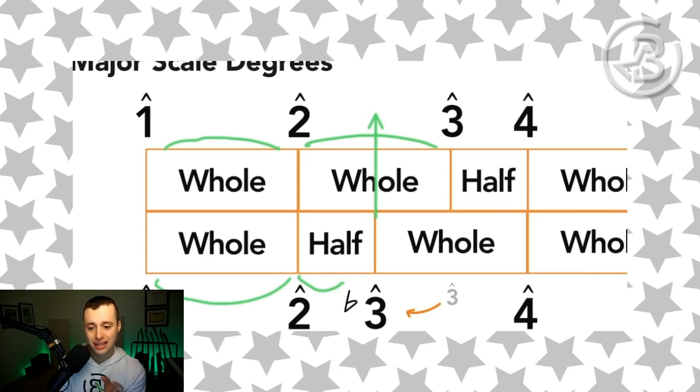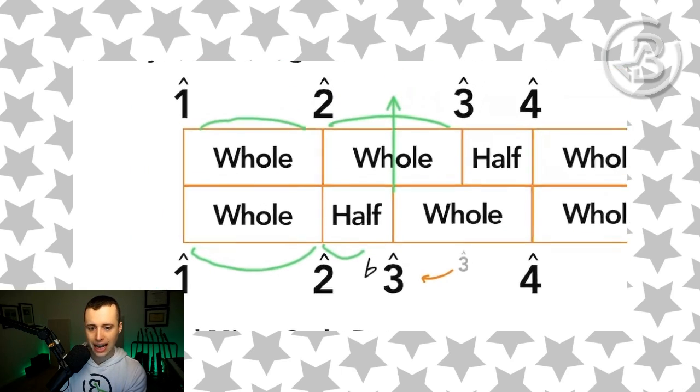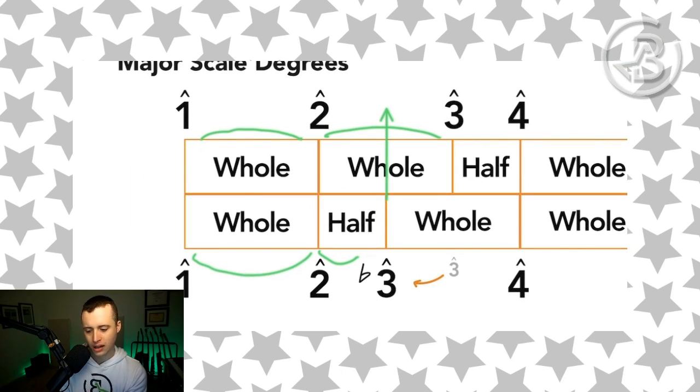And so because scale degree 3 in the natural minor scale happens 1 half step sooner, or another way of thinking about that is 1 half step lower than the major scale, we're going to say, okay, we're actually going to pull it down by 1 half step and give it a flat accidental because we're lowering. If you remember, that flat accidental lowers a pitch by just a little bit, which is 1 half step.